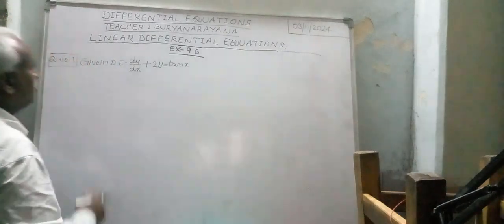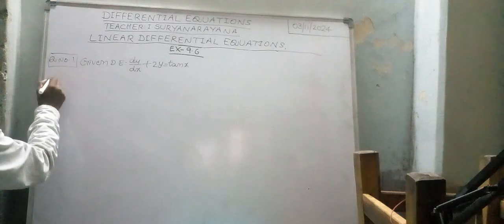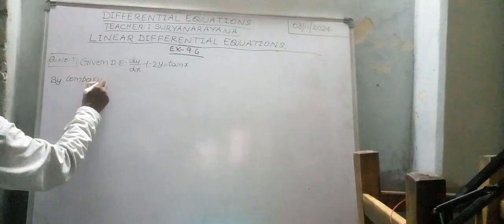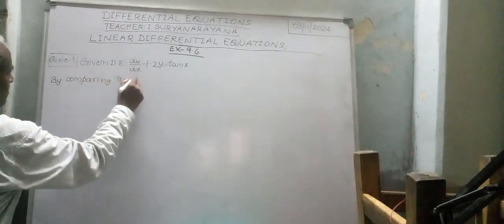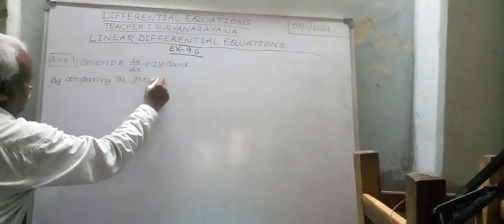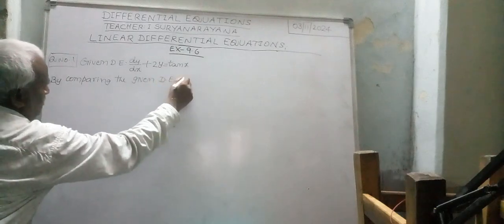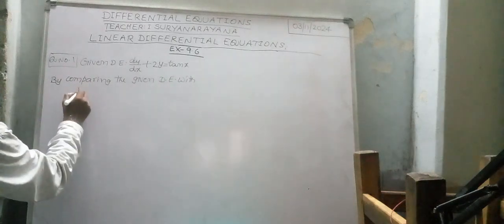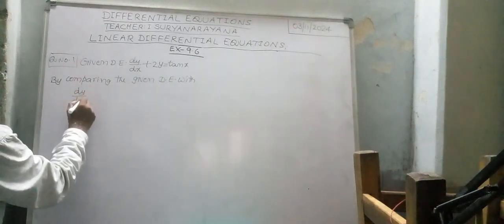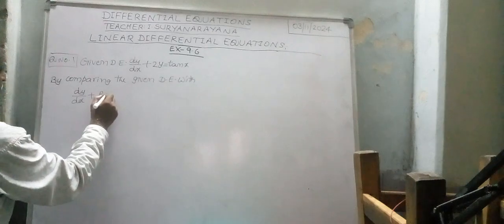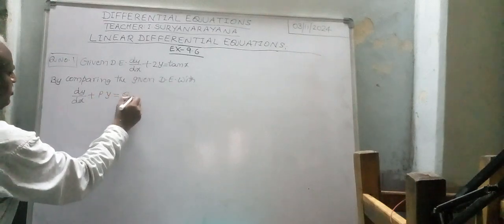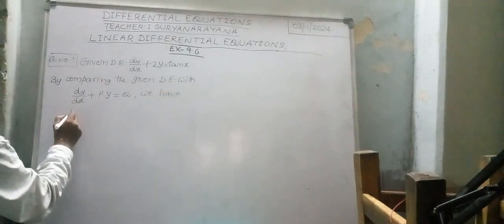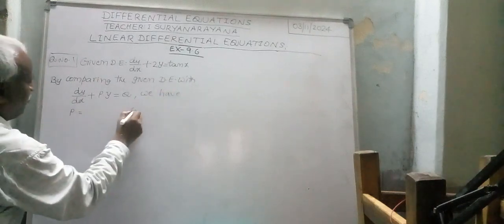Okay. Now, by comparing the given differential equation with dy by dx plus p into y is equal to q, we have, tell me what is p and what is q.